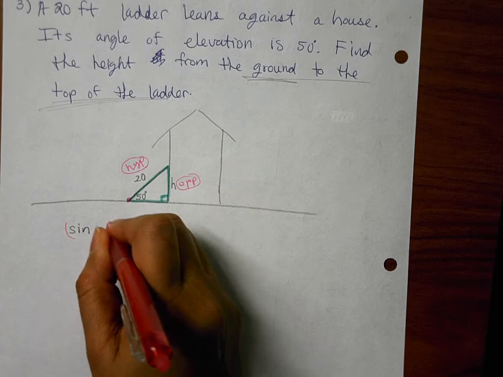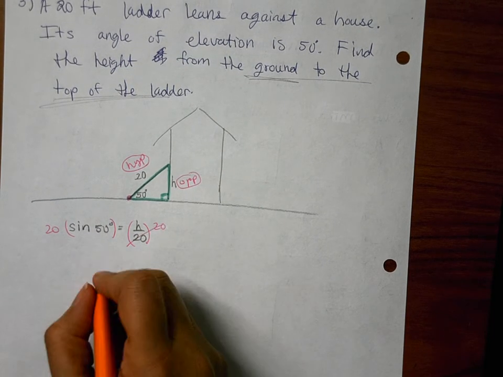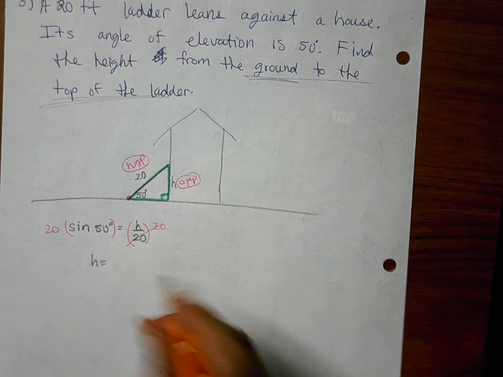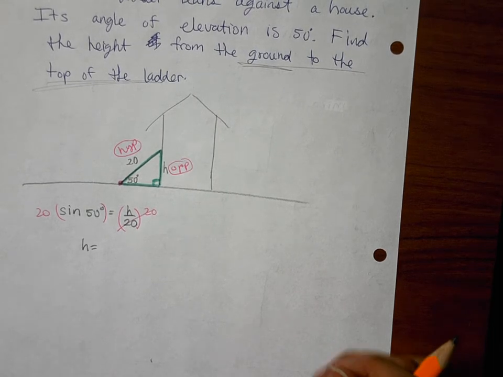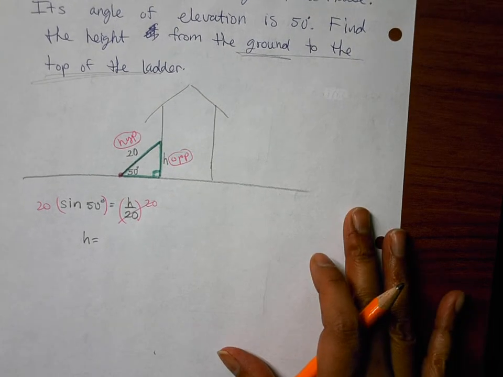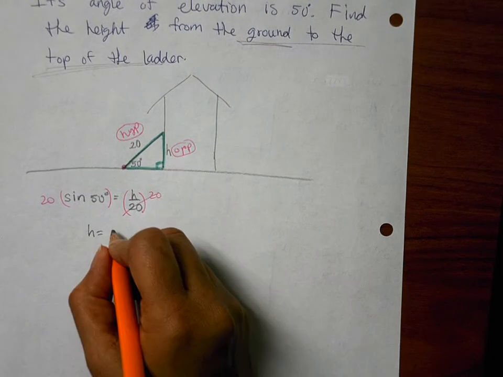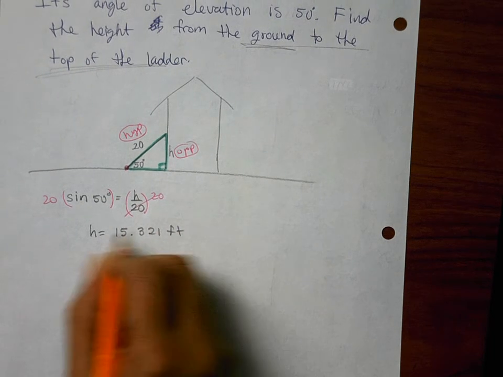Plug it in your calculator, 3 decimal places. All right, anybody plug it in yet? 15 point what? 321 feet.